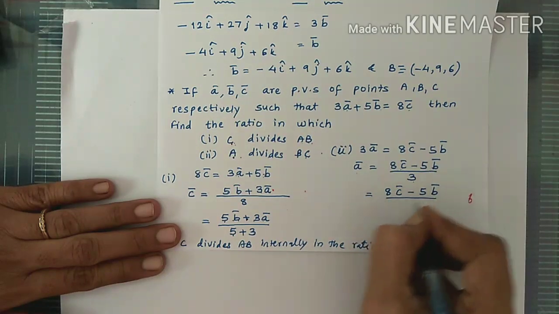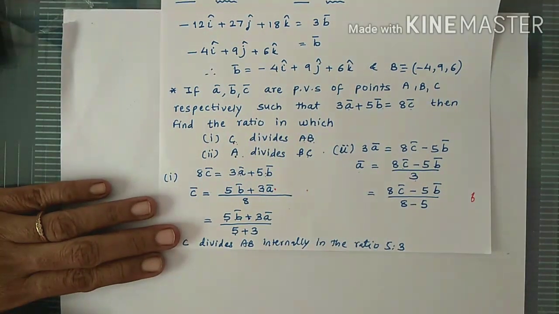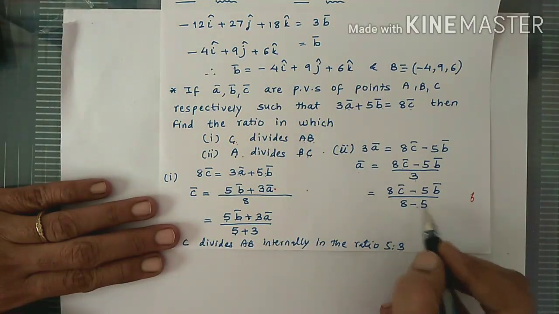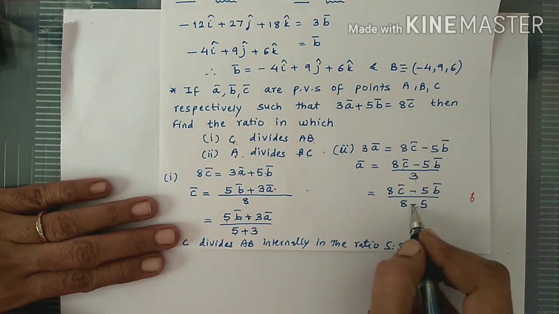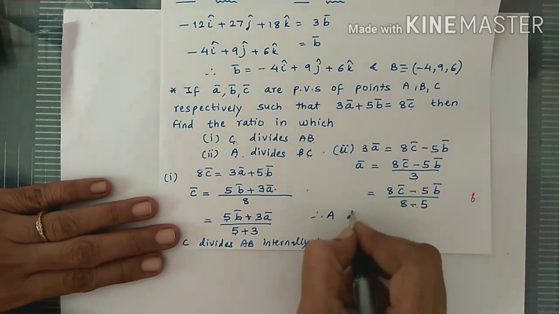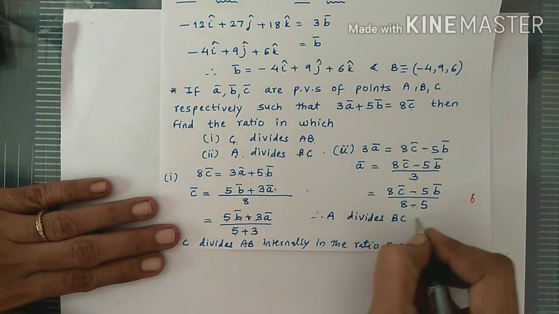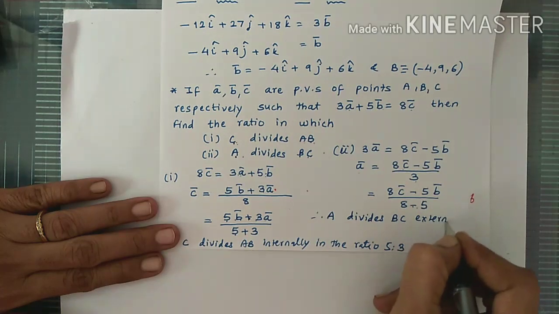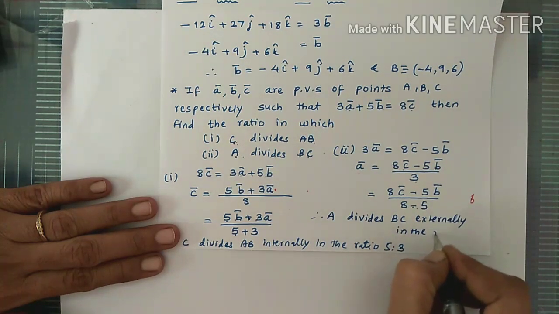Now this is in the form of the section formula for external division, as we have a minus sign in between, and the ratio is 8:5. Minus means external division. Therefore A divides BC externally in the ratio 8:5.